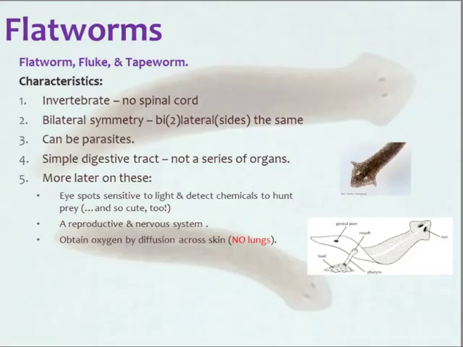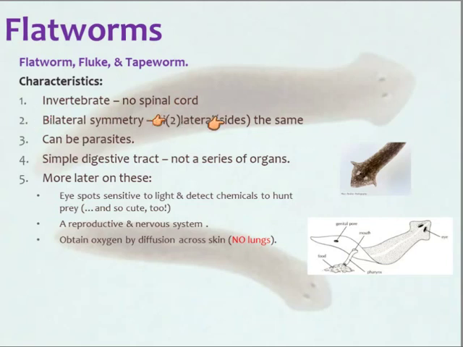So when we talk about flatworms, there are some basic characteristics that I discussed with you. I asked you guys to download the slides from the last presentation and read up on it. They are invertebrates, which means they have no vertebra. They don't have a spinal cord. They have bilateral symmetry.